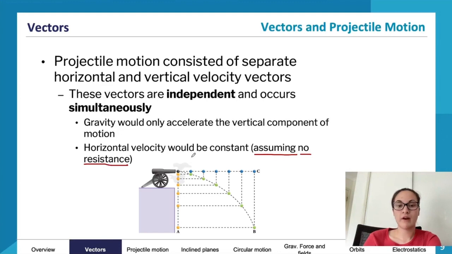Because what do they say? Oh, air resistance does count or doesn't count. You've got to remember what's important to you answering this question. So they're saying assuming no resistance. This could mean air resistance.